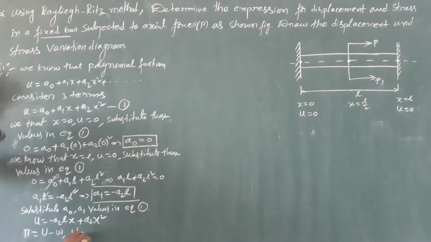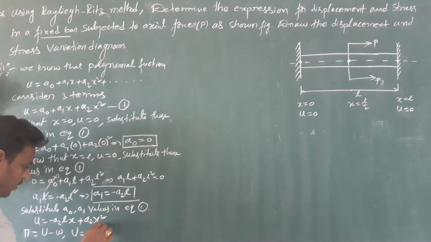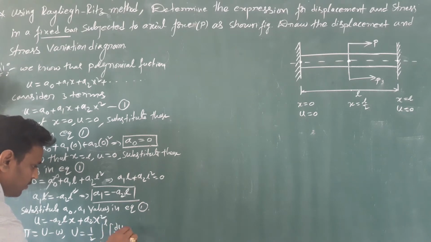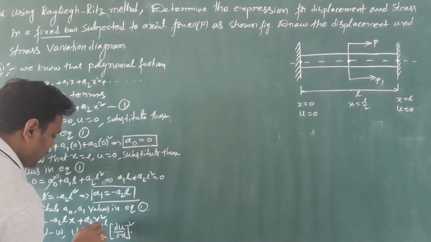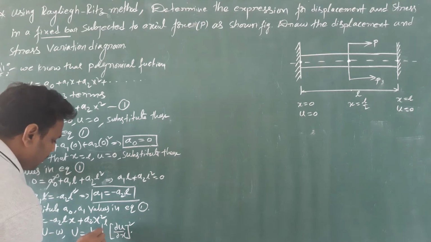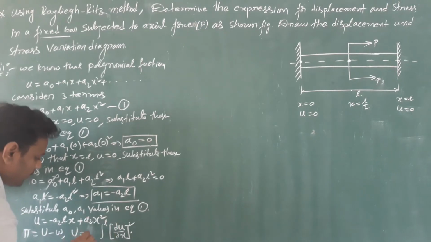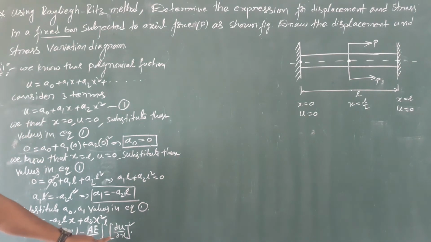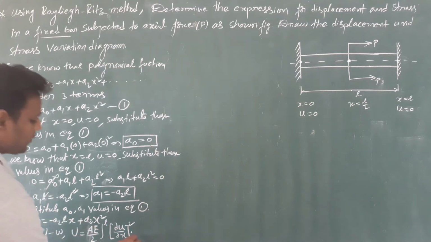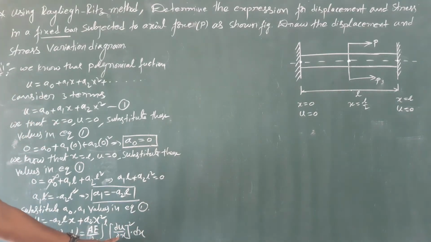Where strain energy is equal to half integral of 0 to L of AE, or EI, by 2 into dou u by dou x whole square into dx. Because of this reason, we know U.